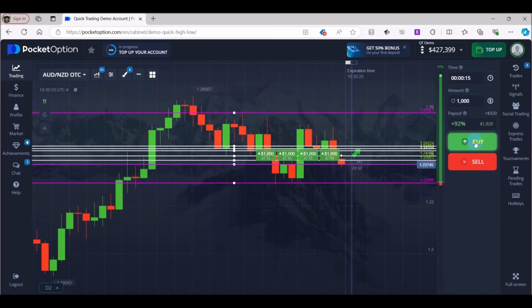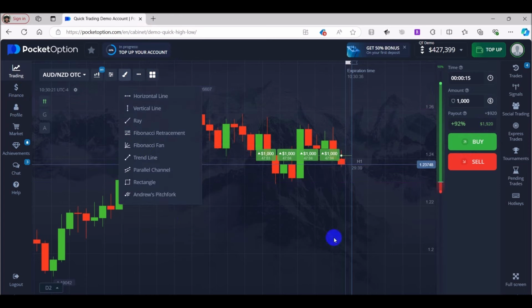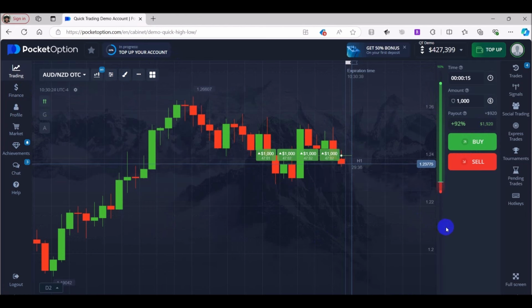And that's all you gotta do, just really look to see what wick it's gonna bounce off of. And if all those horizontal lines are bothering your eyes so you can't see, you can take them off. You don't need them. It just helps you to see.